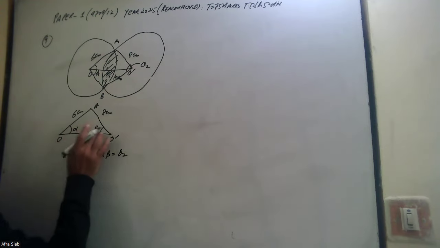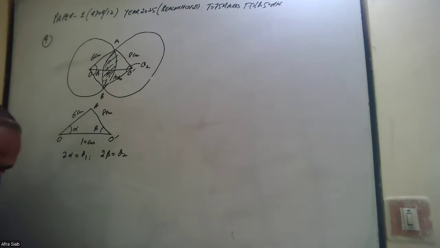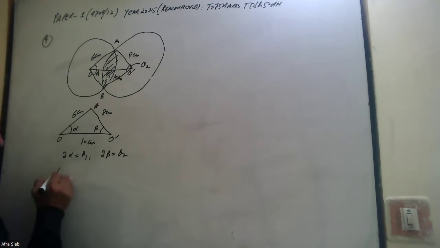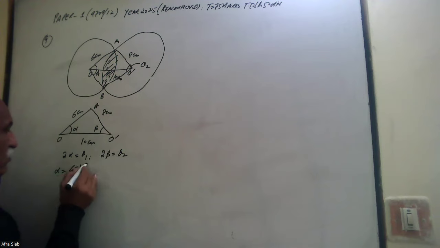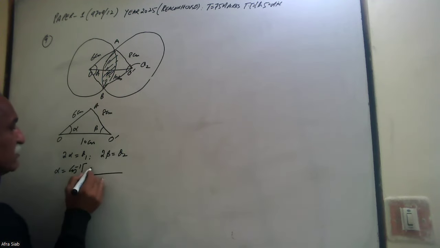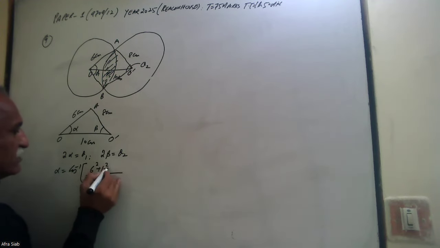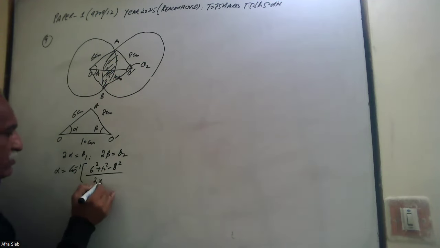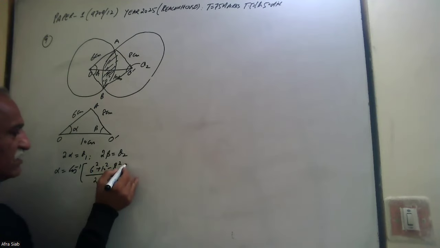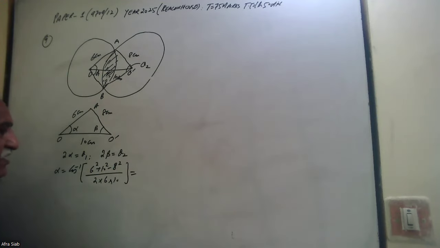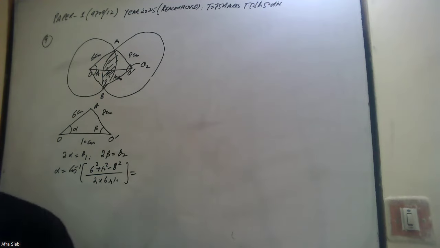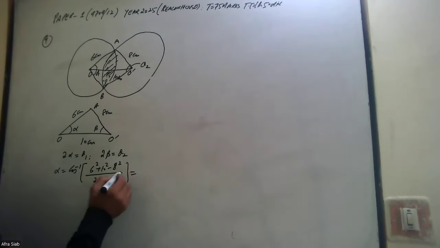There are three sides given, so we can use the cosine rule. So alpha angle is basically equal to cos inverse of (6 square plus 10 square minus 8 square) over (2 into 6 into 10), and this value is calculated to be 0.92.